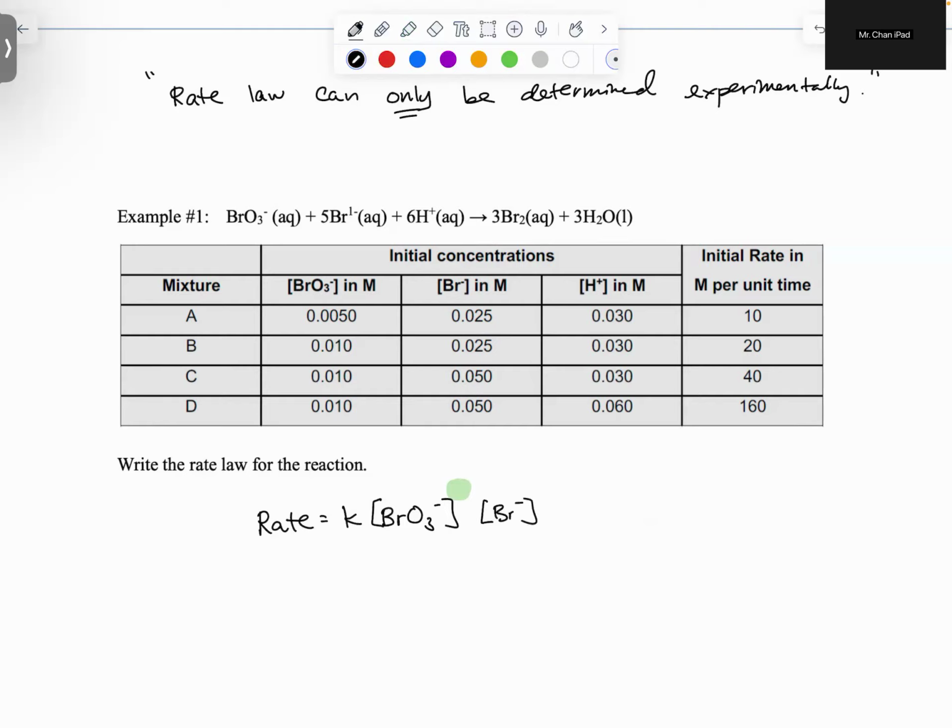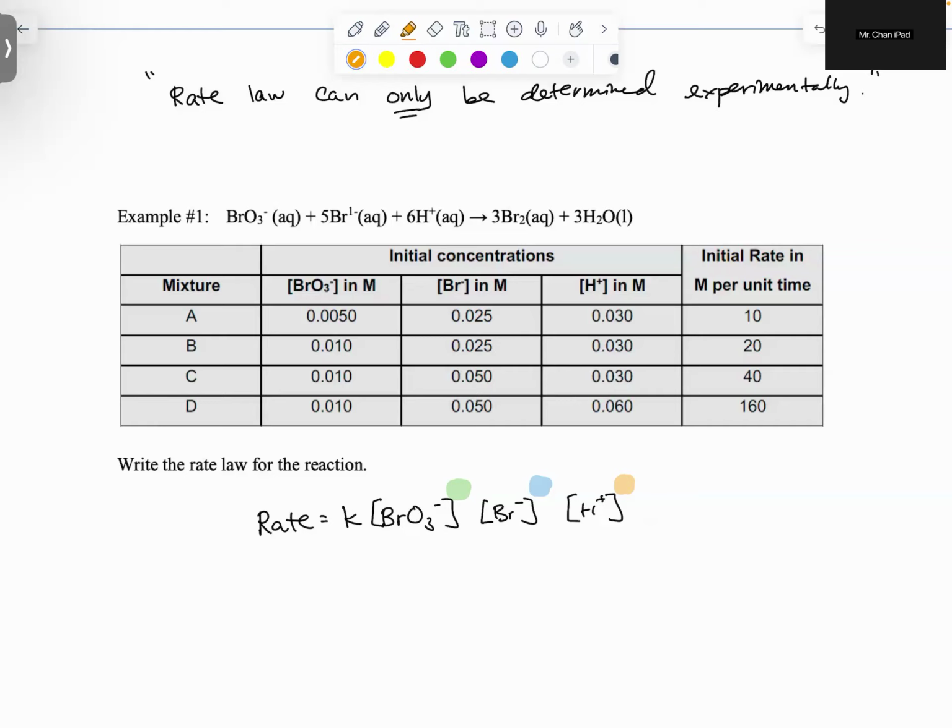Br minus raised to another power, which we'll find out in a moment, and then times H plus concentration, raised to a power that we will find out in a moment. So we're not done yet. We still have to fill in the exponents, but that's like the backbone of the rate law. It would only involve reactants. Okay? The rate is only impacted by the reactants. Are we good so far?